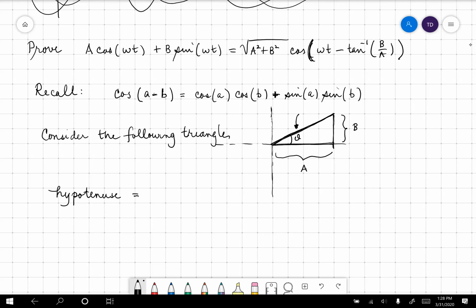So right now, let me just call this R, for lack of something better, equals R. And we know that's nothing more than the square root of A squared plus B squared.